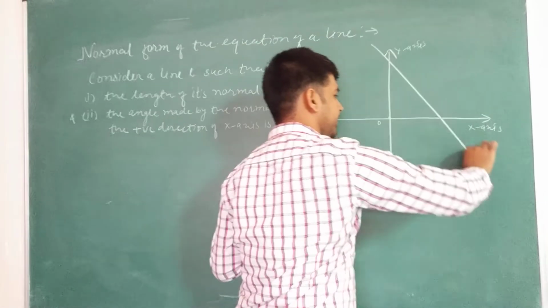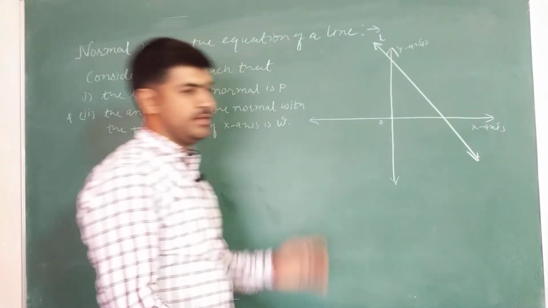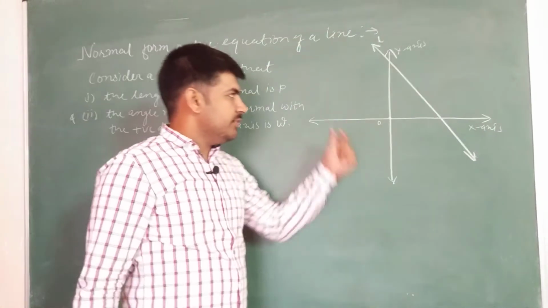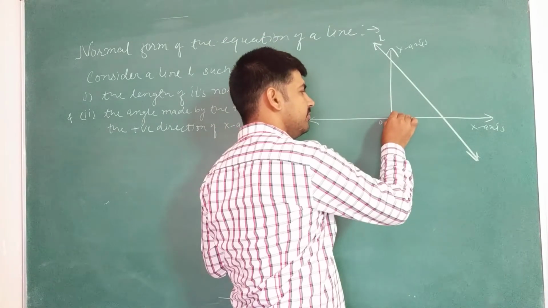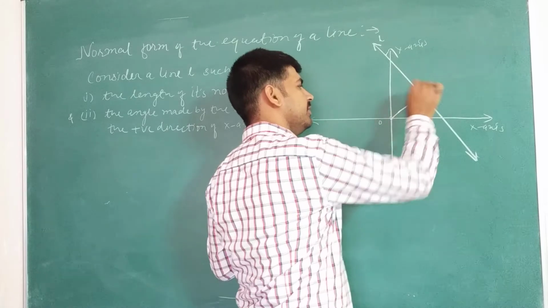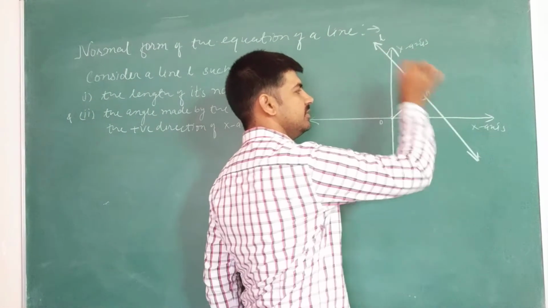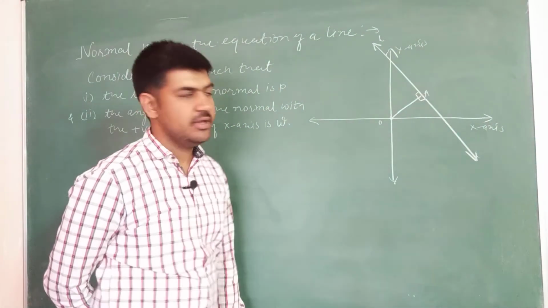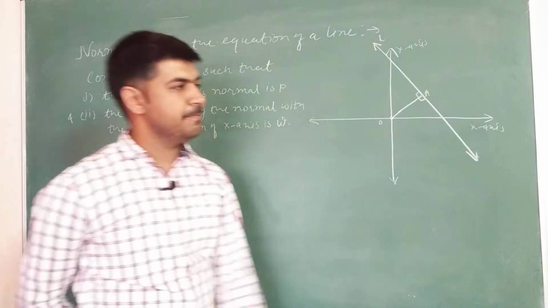Let this be a line L. So, when we draw the normal to this line, that is the perpendicular drawn from origin to the line, let this be the normal to the line. So, let OA be the normal to the line, or A be the foot of the perpendicular from origin.